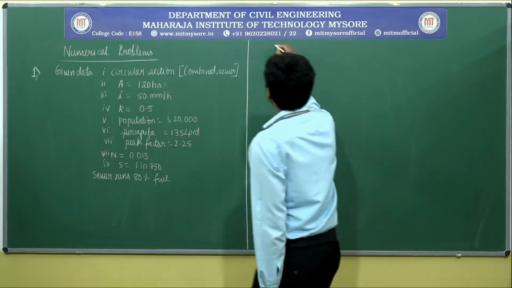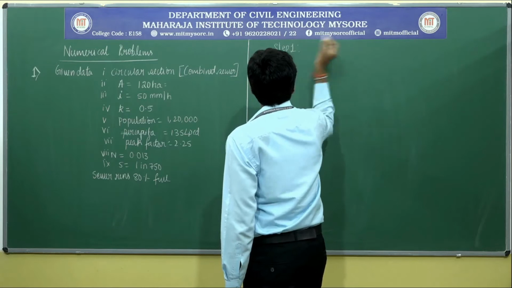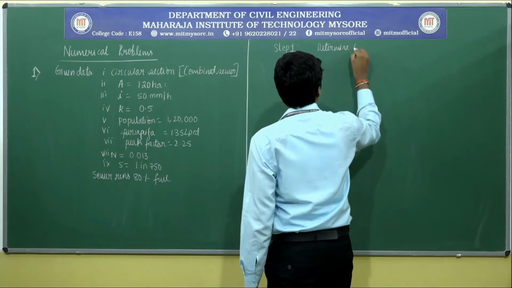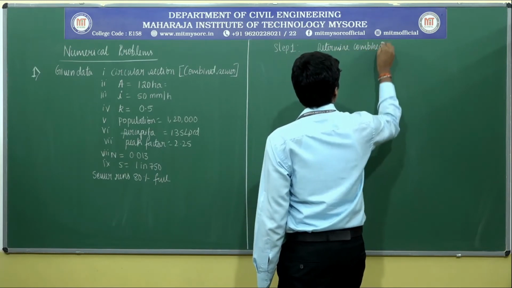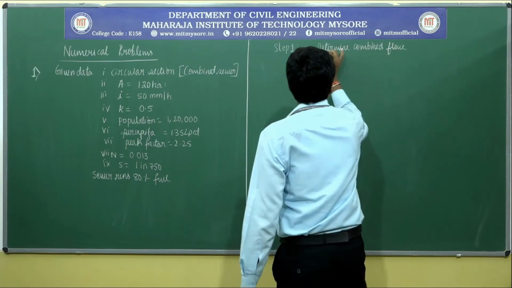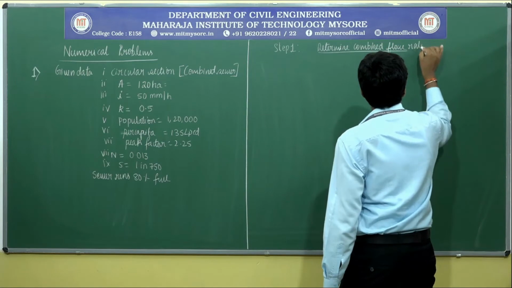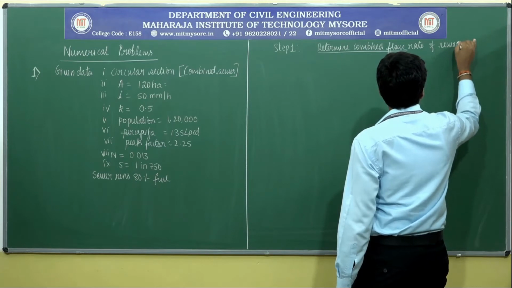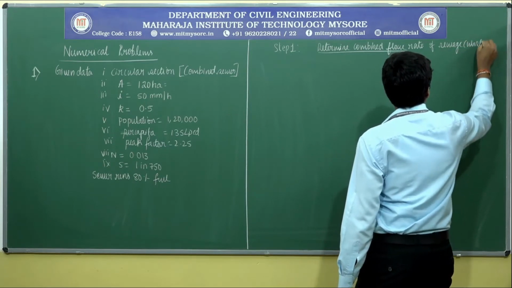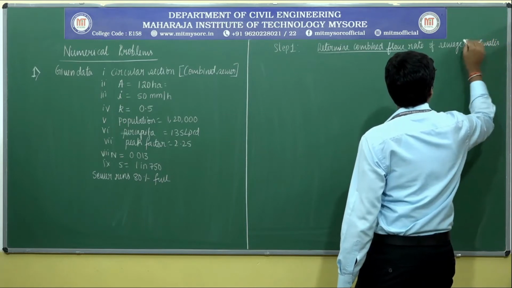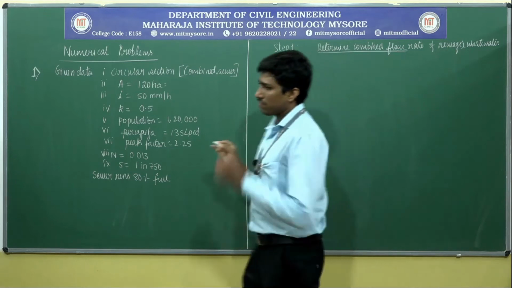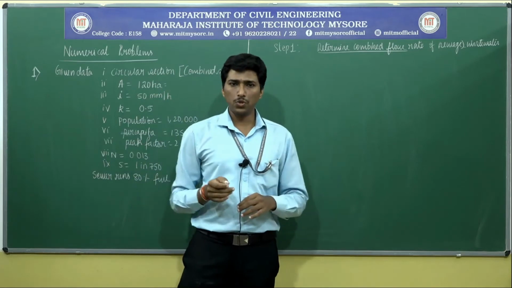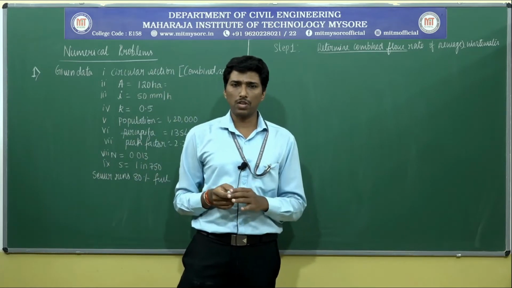Step 1, determine combined flow. Combined type of sewers carry both storm water as well as the municipal wastewater arising from residential or commercial activities.